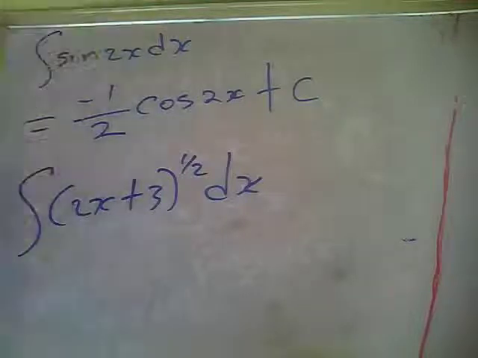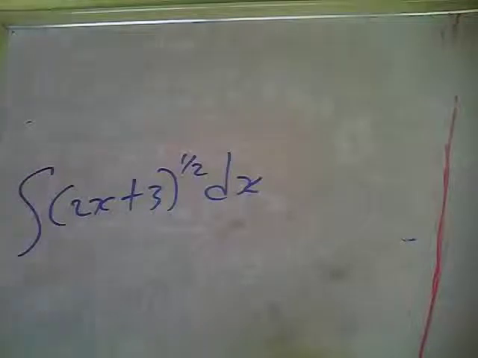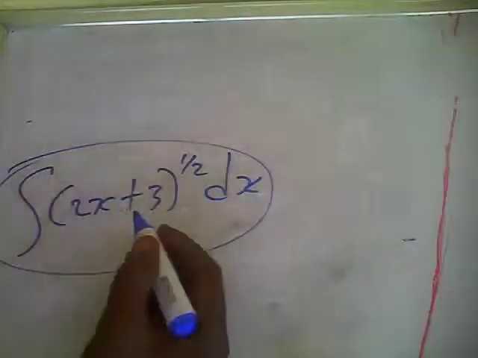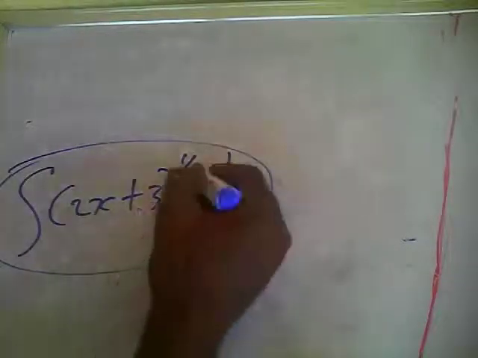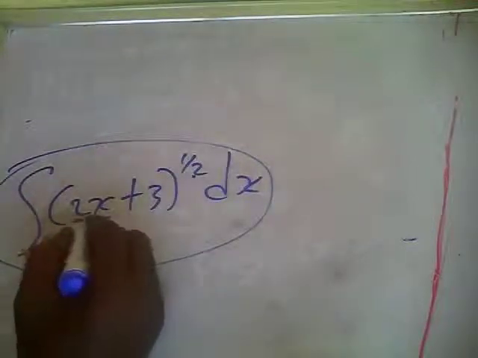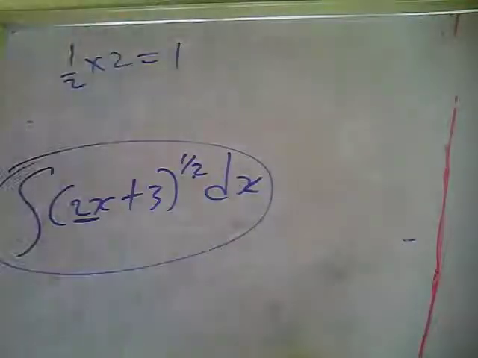I'm cleaning it now. Okay, now look at the question here. For this type of question, normally the shortcut is we use the power here, which is 1 over 2, to multiply the coefficient of x. So that is 1 over 2 times 2, that gives us 1.